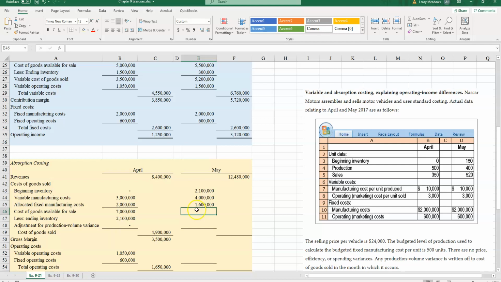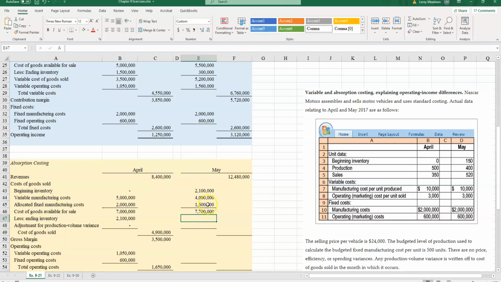So what is my total cost of goods available for sale? It's simply my beginning inventory plus my full manufacturing costs. And that is $7,700,000. Now, let's deduct the value of my ending inventory.